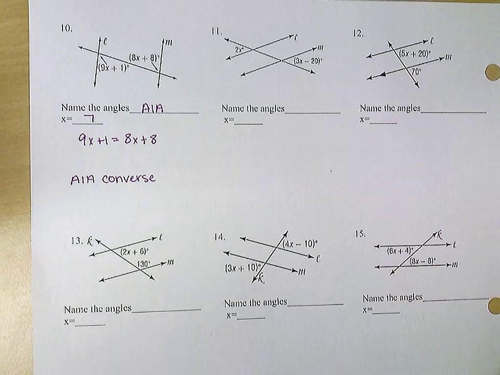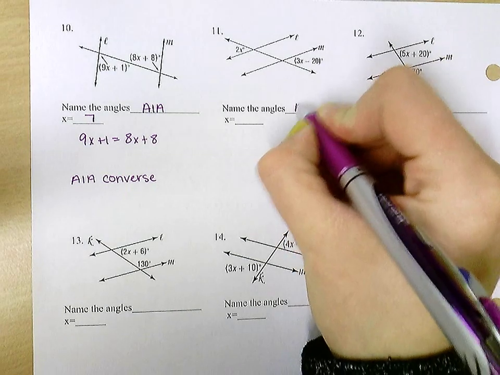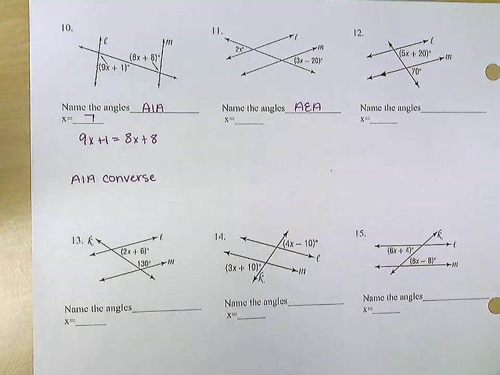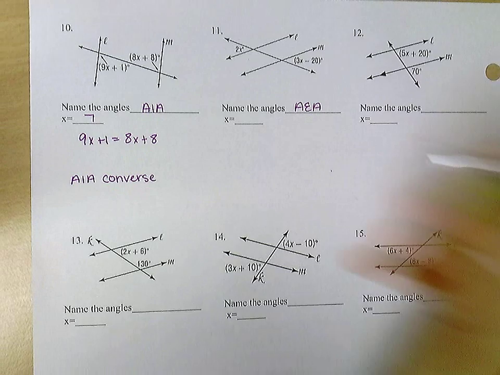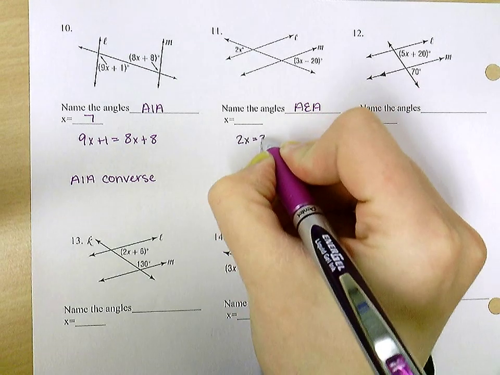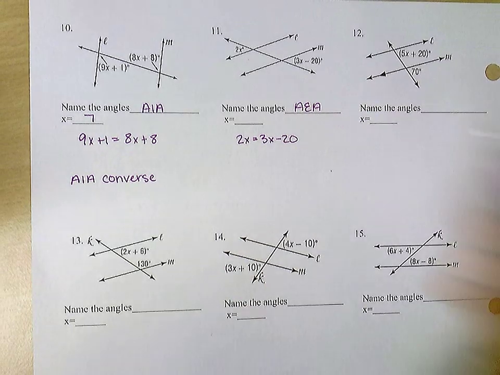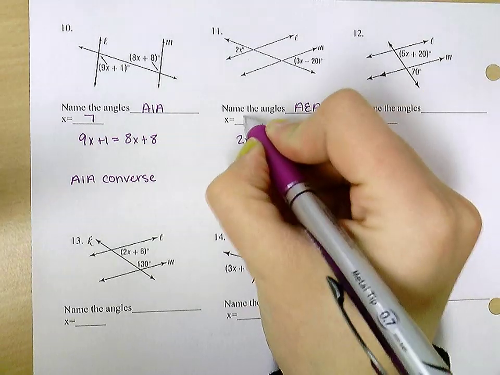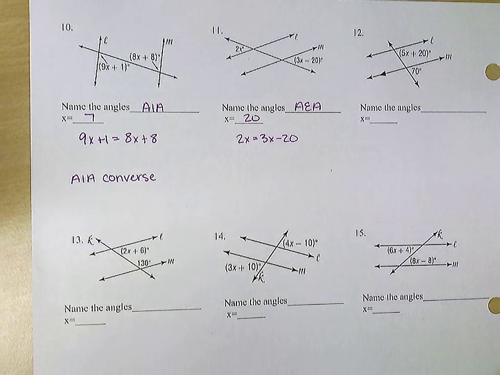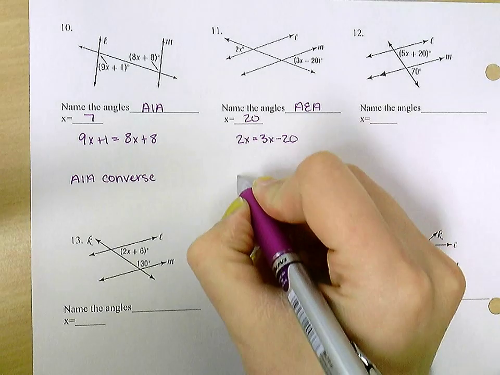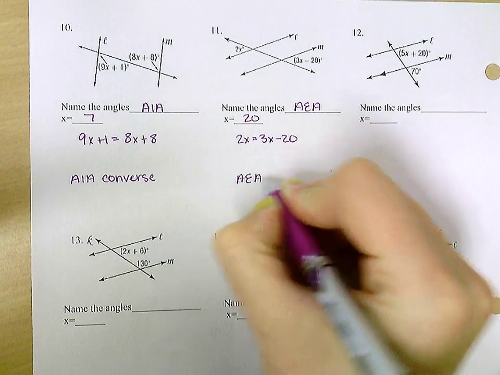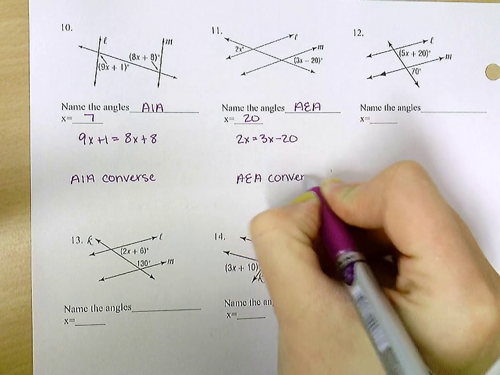Number 11, that angle pair, those are alternate exterior angles. So those should be set equal to each other. Okay, and then x will be equal to 20. And those lines would be parallel by the alternate exterior angle converse.